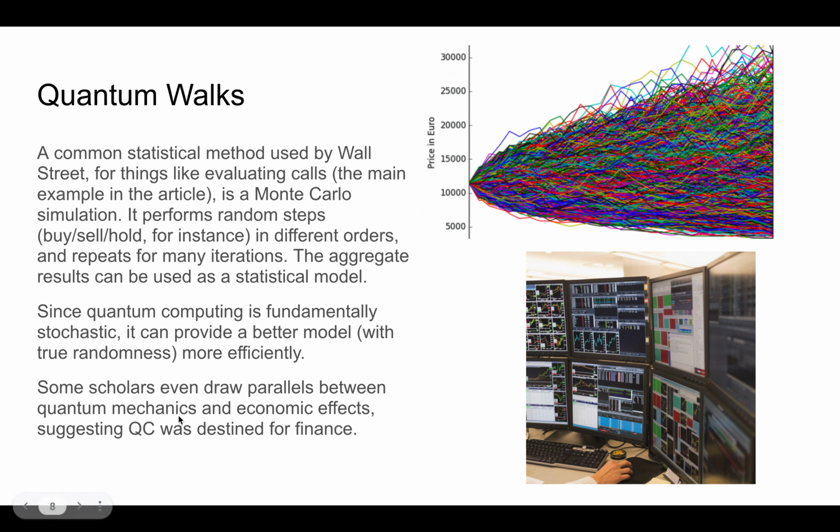That's what some scholars in the article are saying, and what the article was pointing out was that quantum computing was sort of destined for this, because markets almost behave in a quantum fashion, where any price is not really a determinate object. It's like a state of suspension of possibilities. I see. So yeah, I think that's what they were saying.